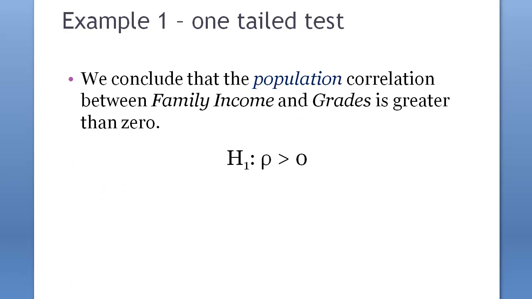So we conclude that the population correlation between family income and grades is greater than 0. We can be sure that it was not due to a sampling error. And then we can stop this whole correlation thing.